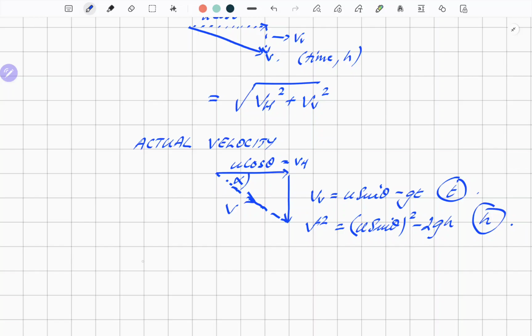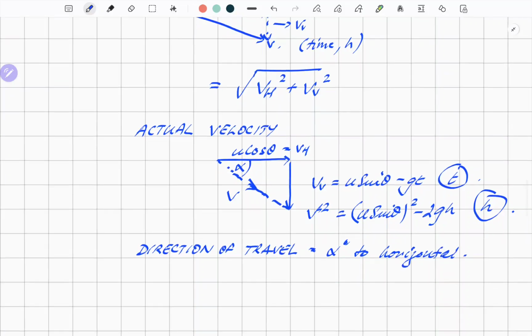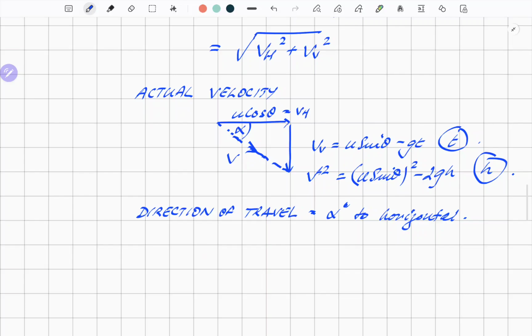So the direction of travel, let's say equals alpha degrees to horizontal, will be given by tan alpha equals the vertical component of velocity divided by the horizontal component of velocity. Okay? Does that make any sense?